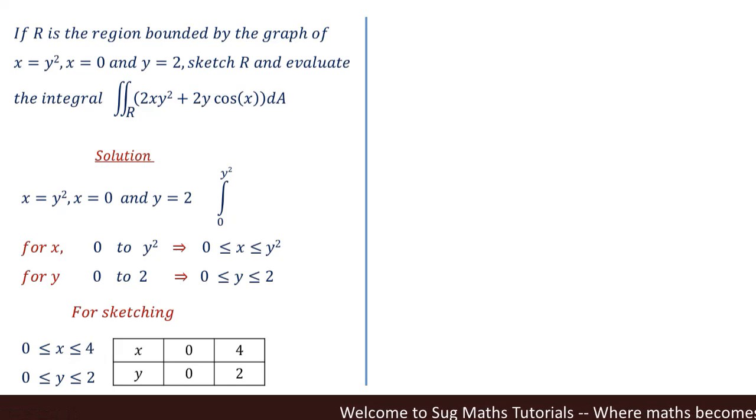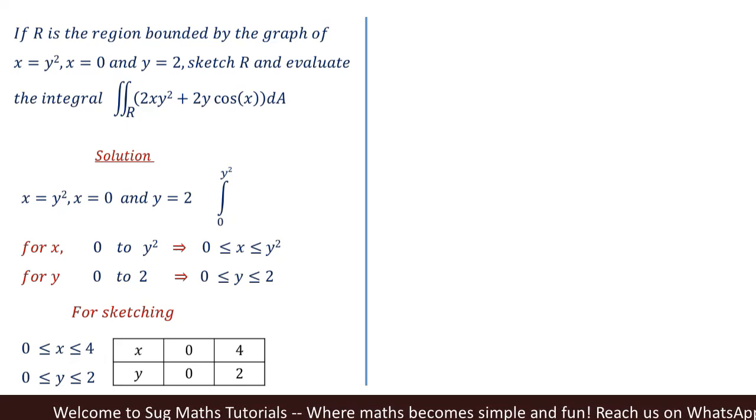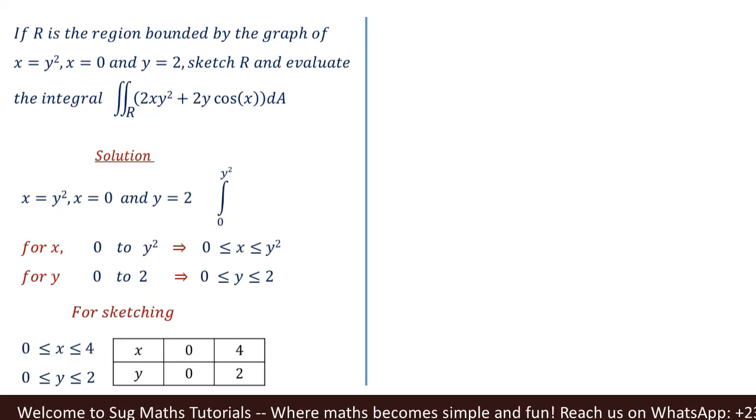Now we can also put it in a table. When x is 0, y is 0, and when x is 4, y is 2. I don't know if you understand the way we digested this from the boundary. That is what you use to get the region that you are looking for.